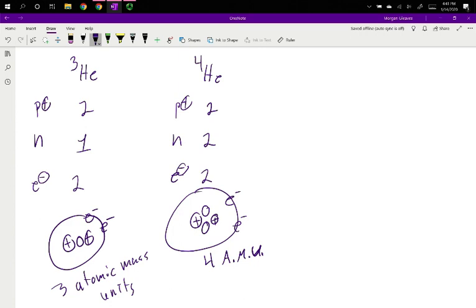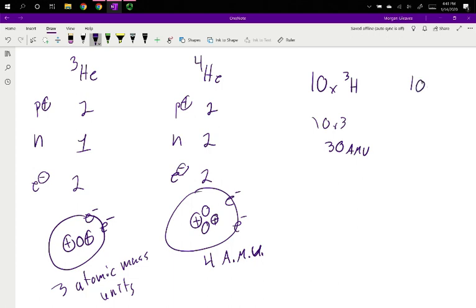The idea is just more protons and more neutrons means more weight. So if I had 10 things that were all helium-3, well, that would be 10 times 3 for 30 atomic mass units.